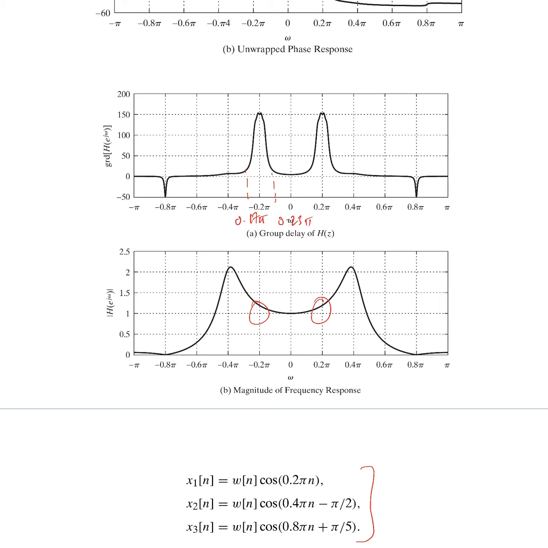The frequency group signal will experience a slight amplitude gain, and the one around plus minus 0.4 pi will experience a gain of about 2. Since the magnitude of the frequency response is very small around plus minus 0.8 pi, the highest frequency pulse will be significantly attenuated.